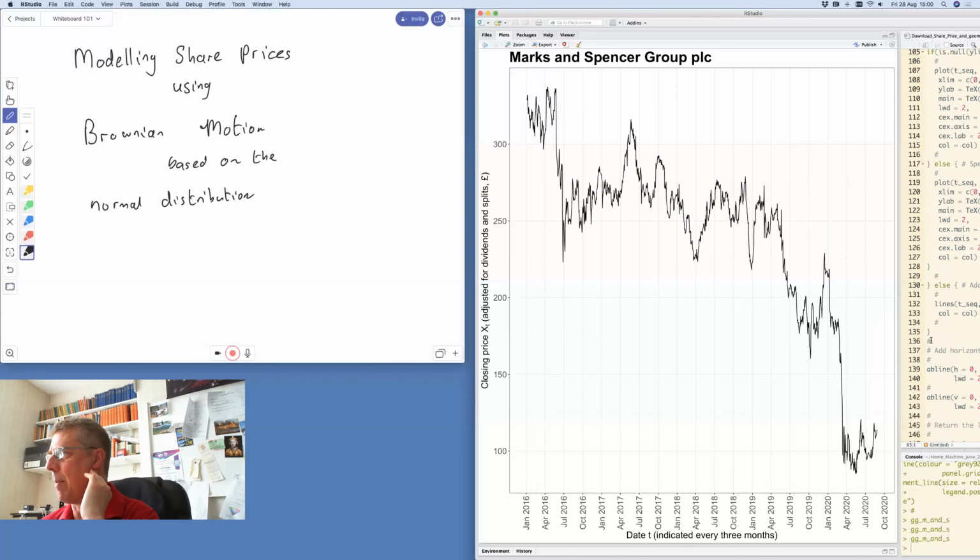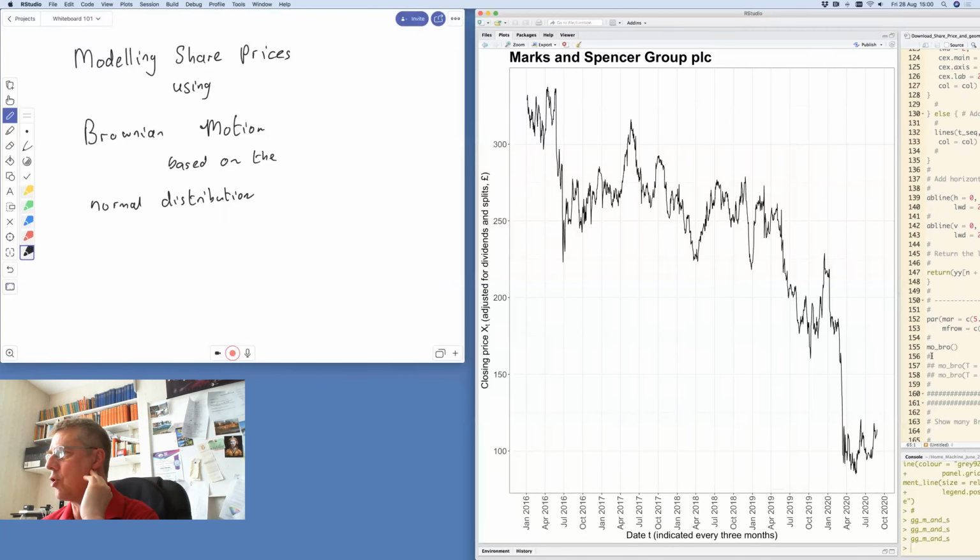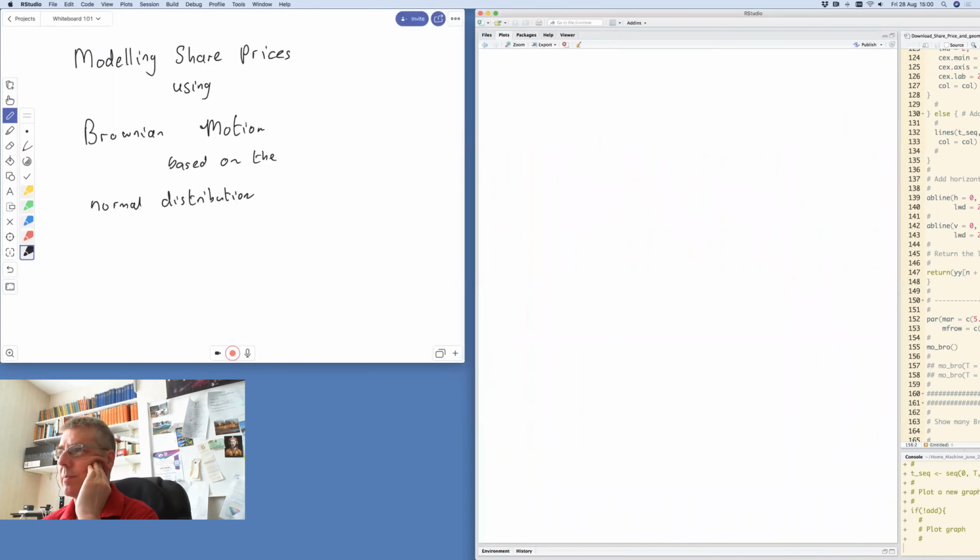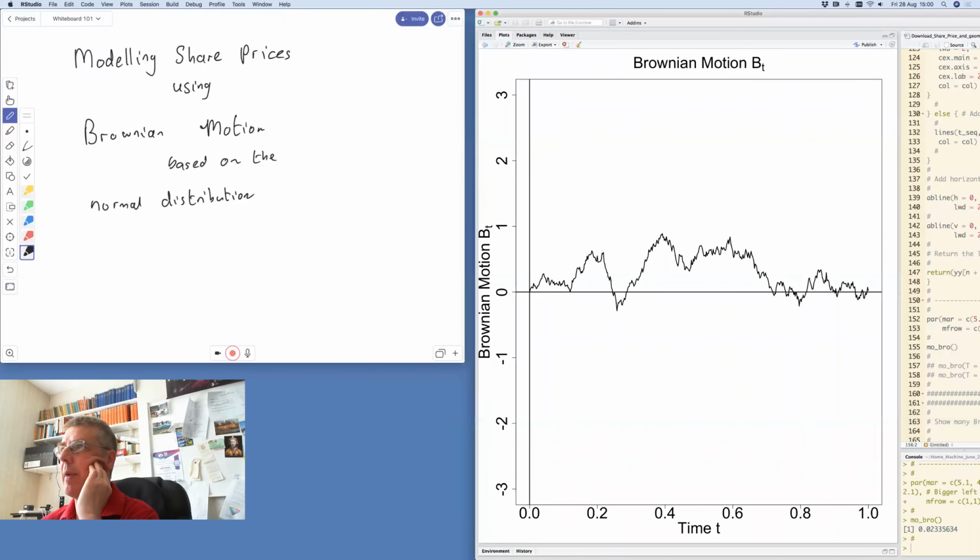So I'm now going to run my code and I'm going to show you, hopefully, a plot of Brownian motion. So here is a plot of Brownian motion. And we can see that this, again, just like the share price, wiggles round. So what I'm doing here is plotting the value of Brownian motion against time.